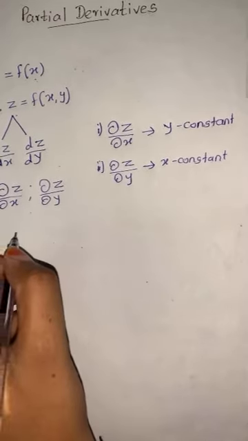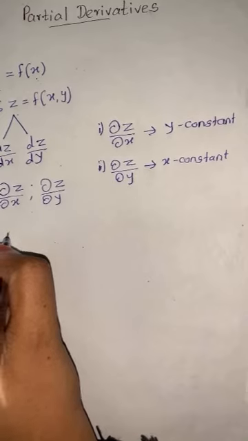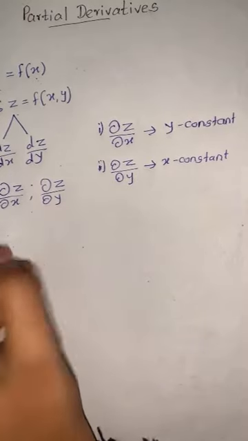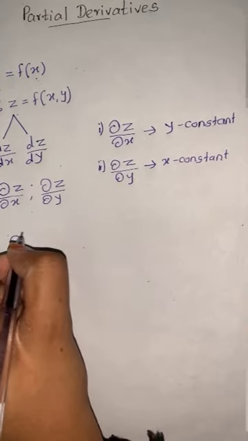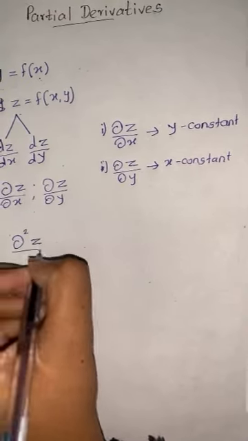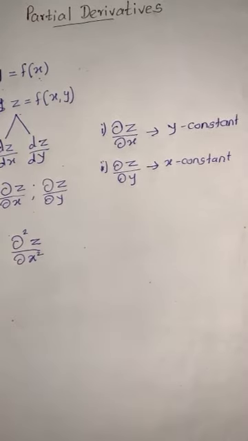Yes, and then it will be the same as the second derivative: if we write the second derivative for dy by dx, it has the same form. This is the second derivative with respect to x.